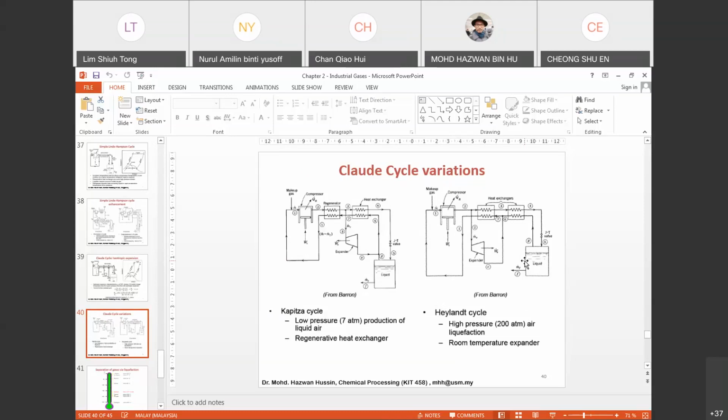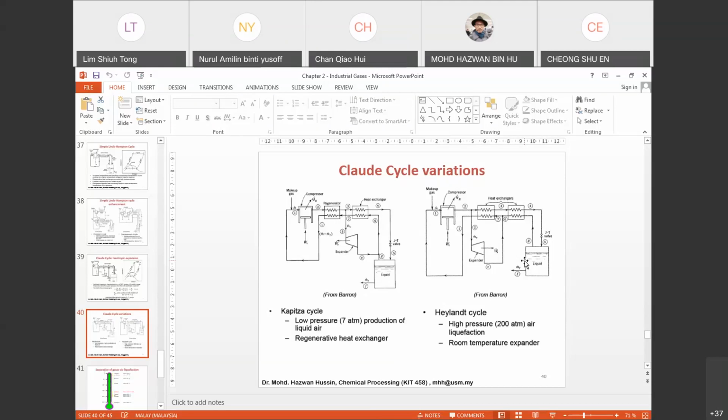And for the expander, it uses a room temperature expander. So the principles are almost the same, except that for Kapitza the load applied for compression is at low pressure. Meanwhile, for Heylandt it is normally at higher pressure.